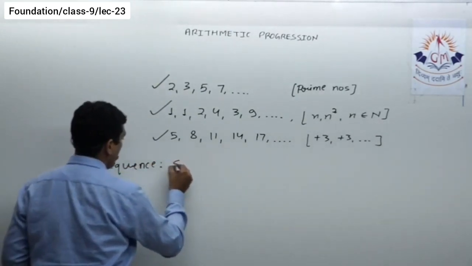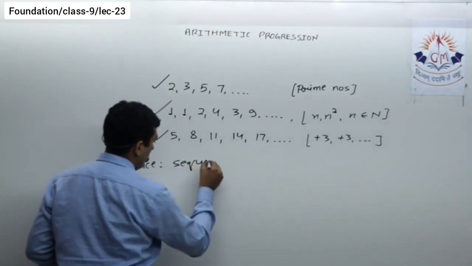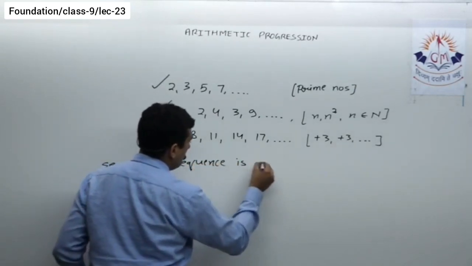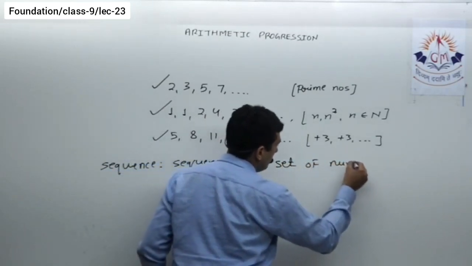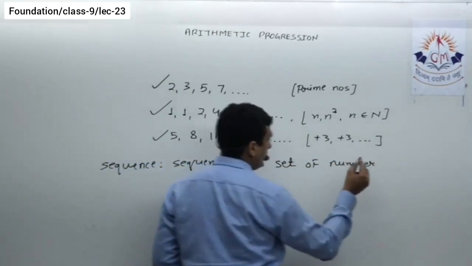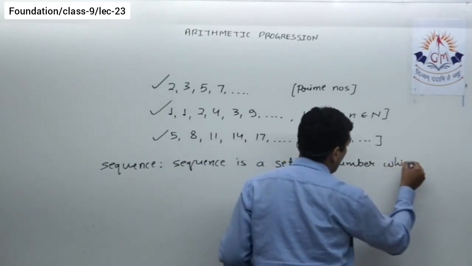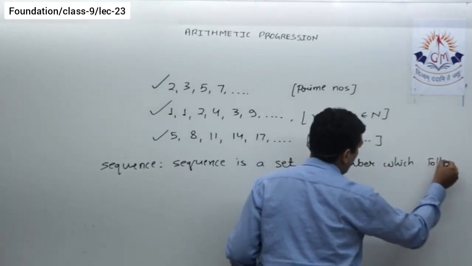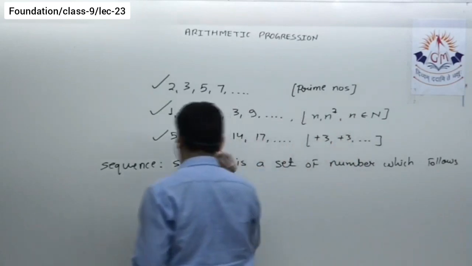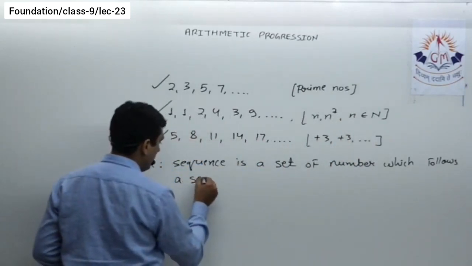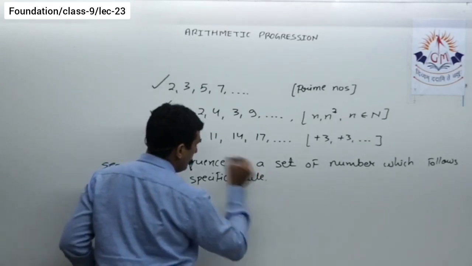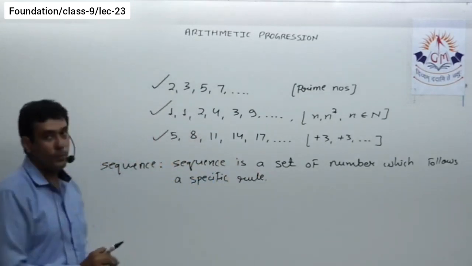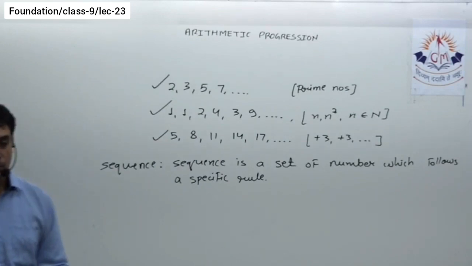Sequence is a set of numbers which follows a specific rule. And what is progression? Progression is a sequence which follows a specific rule.